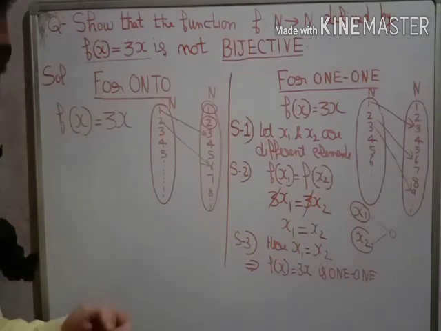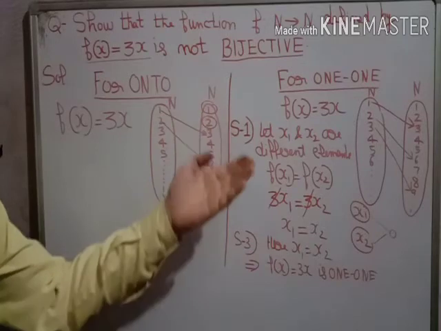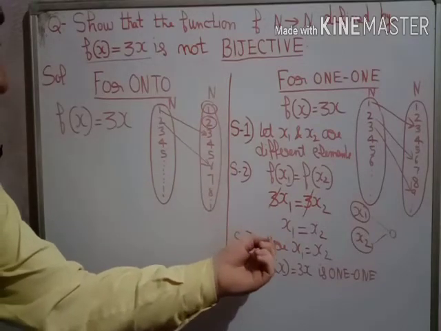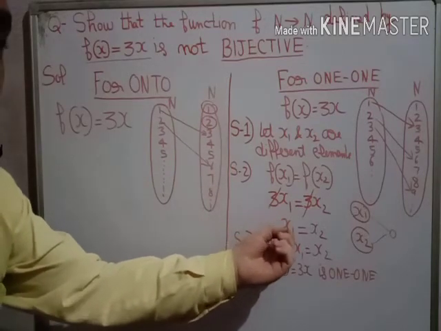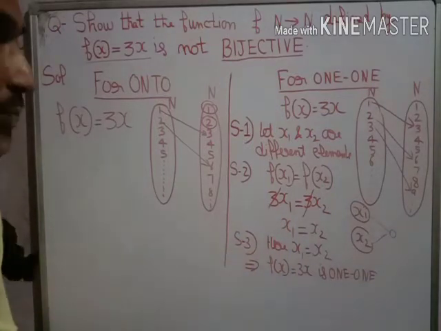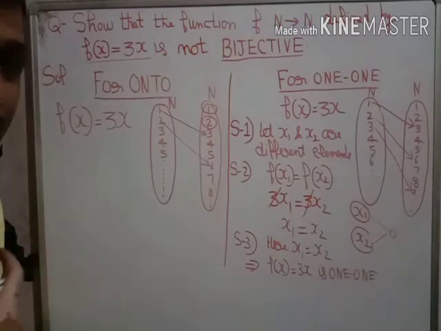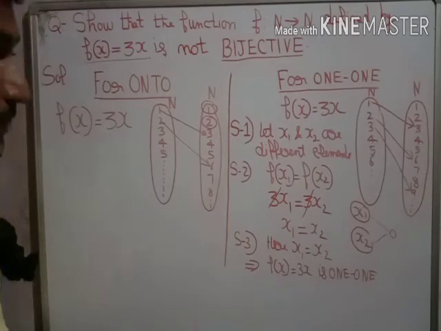So whenever we have to prove 1-1, there is an algorithm you can use: at the last step, when you get x1 equals x2, you can declare the function is 1-1, otherwise it is not 1-1. But for onto there is no particular algorithm. Very first you have to feel yourself whether the function is onto or not, then only you can write.